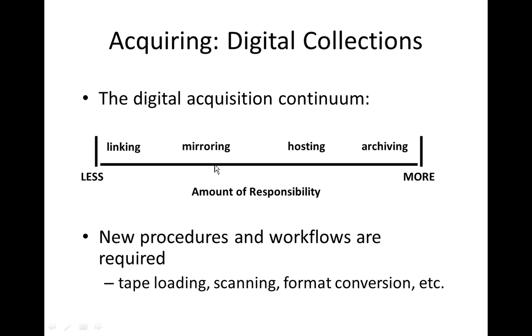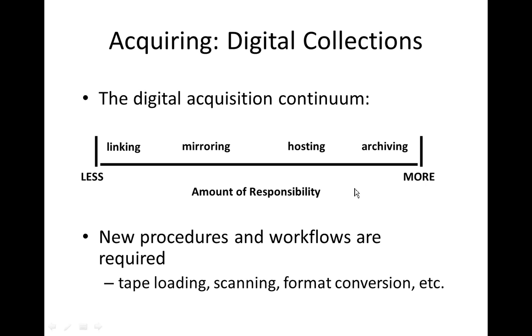Mirroring could be your sort of replicating that digital library. Hosting is when you're getting actually, like we have Luna, where we hold the materials in a server that's in our institution, and then archiving would be the long-term responsibility for it. And the further you go to the right, typically the more expensive it gets. It just depends on the size and scope.